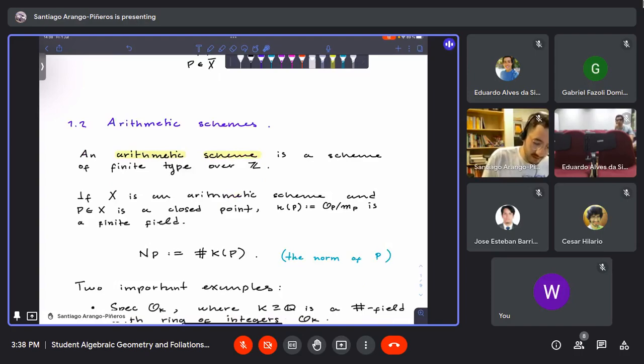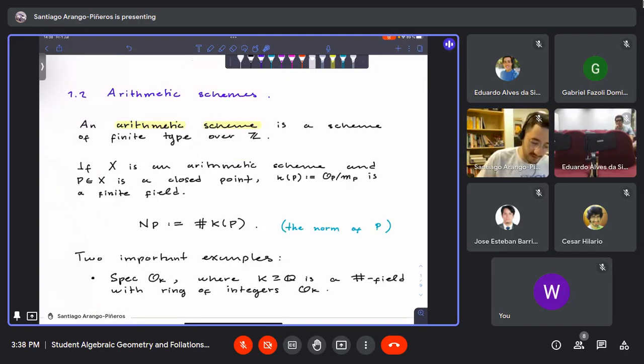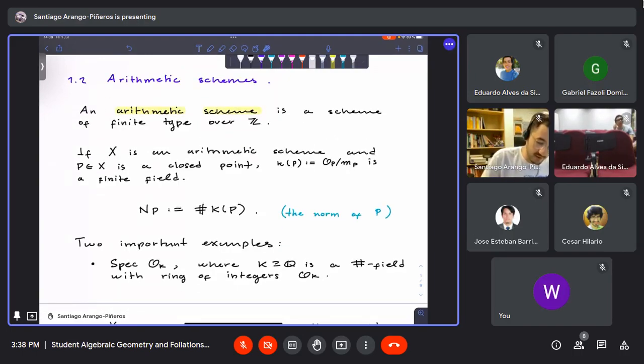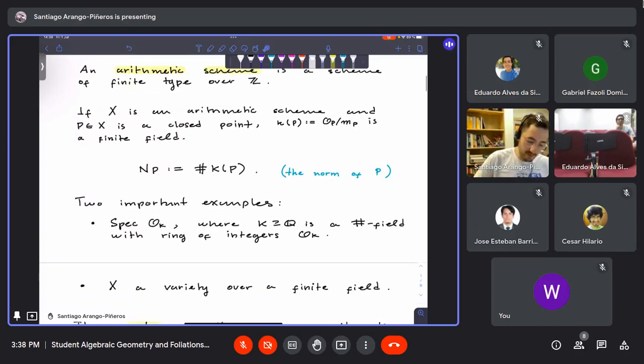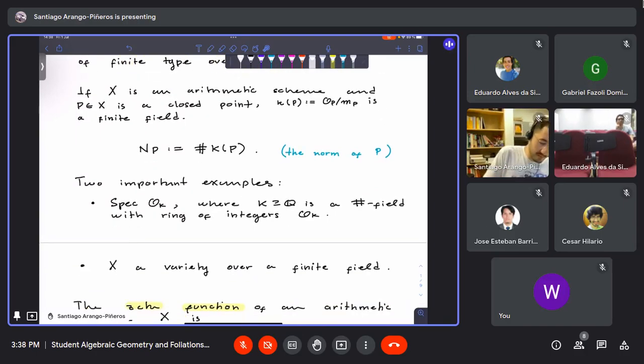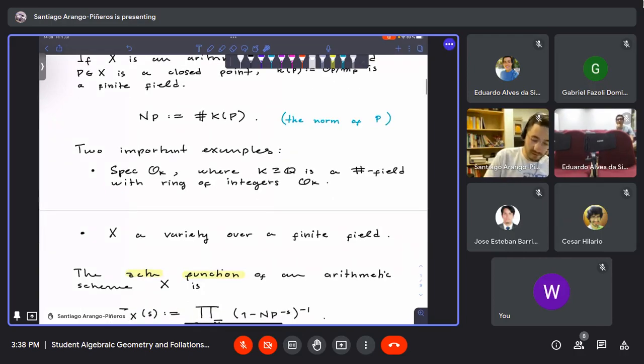So let's define an arithmetic scheme to be a scheme of finite type over Z. And for arithmetic schemes, we have this property: for every closed point, the residue field is finite, and we call its size the norm of the point. Some important examples of arithmetic schemes are the spectrum of the ring of integers of some number field, so Spec Z, or say Spec of the Gaussian integers.